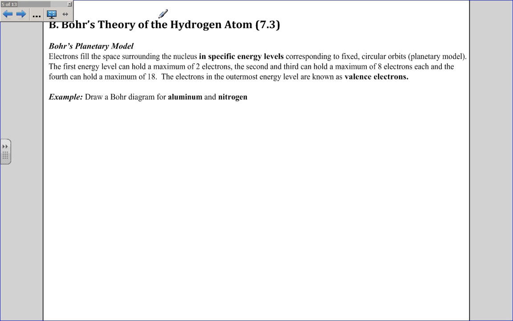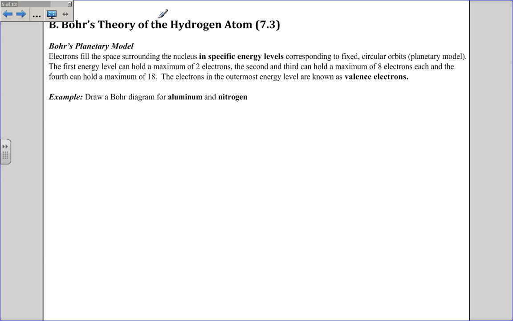Our next step is to move on to Bohr's theory and to look at the experiments that he conducted in which he applied Planck's and Einstein's theory of light. So first of all, just a very quick review of Bohr's planetary model. His model is that the nucleus of the atom is in the center, and the electrons fill the space in specific energy levels in circular orbits.